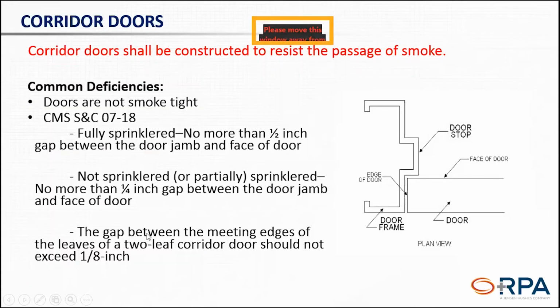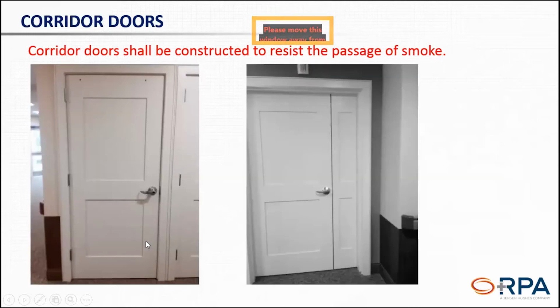I have this part down here for the meeting edges of 2-leaf corridors. Should have no greater than 1/8 of an inch gap. So here's the meeting edges of a full-size active leaf door and an inactive leaf. This would be no different if it were 2 full-size doors to, say, a storage room or to some sort of electrical closet type of situation. That 1/8 of an inch gap is still the maximum.